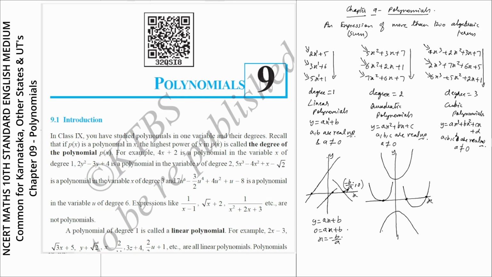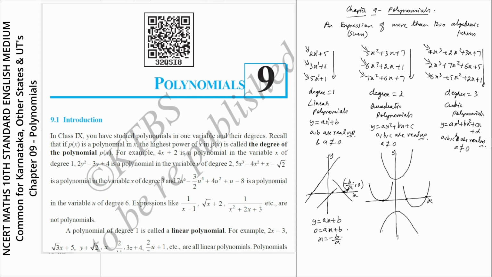So at the most, quadratic polynomials will intersect the x-axis at 2 points only, not beyond that. If it is intersecting at 2 points, we say the number of zeros is 2. If it intersects at only 1 point, the number of zeros of that polynomial is 1.